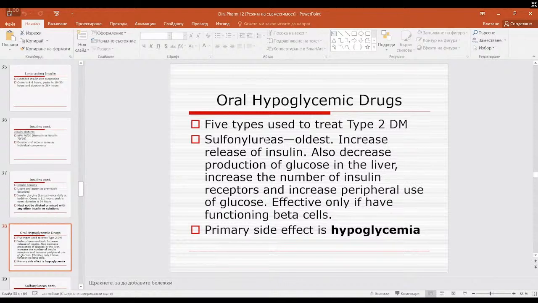So the sulfonylureas lead to a secretion of insulin. That's why they're called secretagogues. And also there is a decrease of production of glucose in the liver.